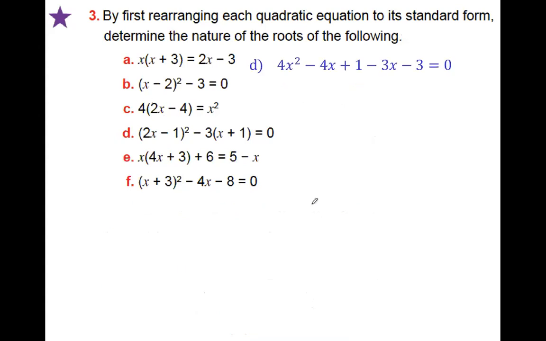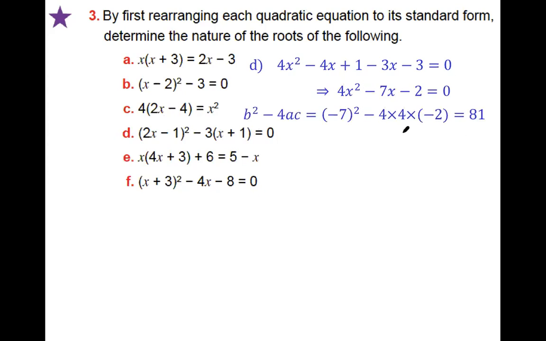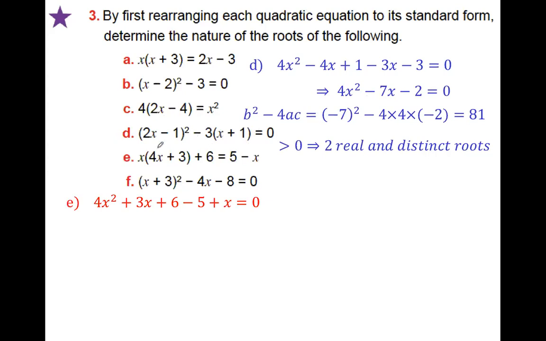For D, again, expand 2x minus 1 squared, and negative 3 times x, negative 3. And then you end up with 4x squared minus 7x minus 2, discriminant positive. So I've got 2 real and distinct roots. E, we do exactly the same. 4x squared plus 4x.